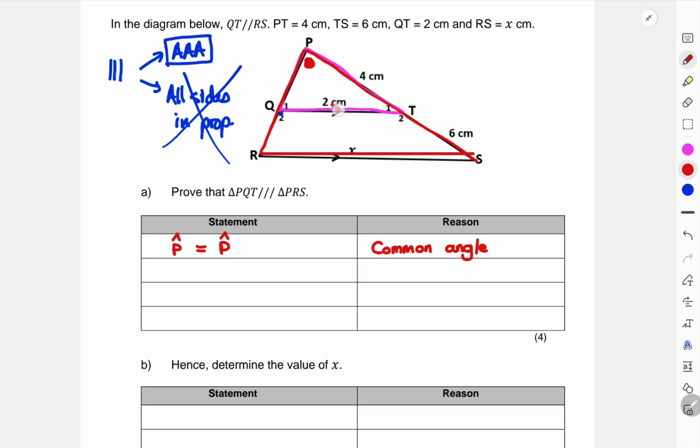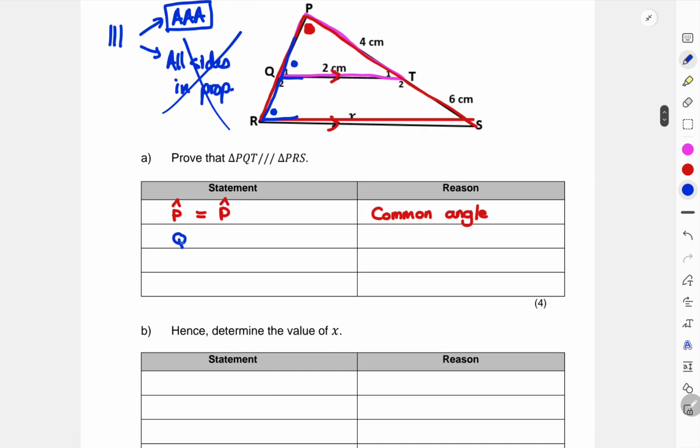Now, because they've given me these parallel lines, there must be something that I need to do with it. Can you see that Q1 will be equal to R because of corresponding angles? So I'm going to say Q1 is equal to angle R because of corresponding angles. QT is parallel to RS, and vice versa here as well.